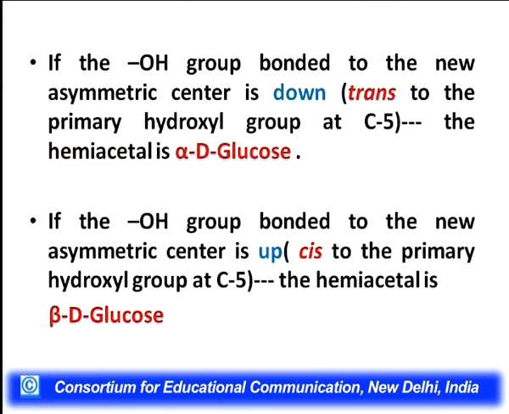And then what you have to remember is that if the OH group bonded to the new asymmetric carbon is down, that is trans to the primary hydroxyl group at C5, then the hemiacetal is alpha-D-glucose, and if this OH is pointing up at the anomeric carbon, then the hemiacetal is beta-D-glucose.